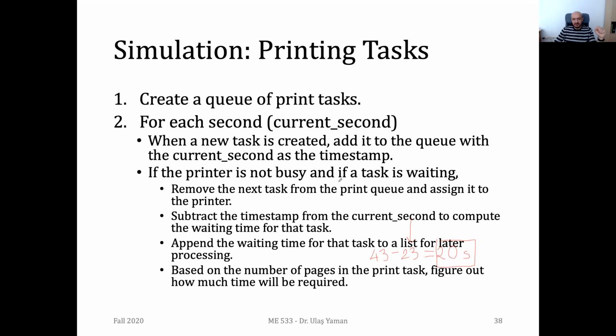After you do all these operations and print all the files, you can determine the waiting times, and you can also determine the printing time with the help of the property of the printer. Let's say it's printing 2 pages per minute, and you have 4 pages in your document.